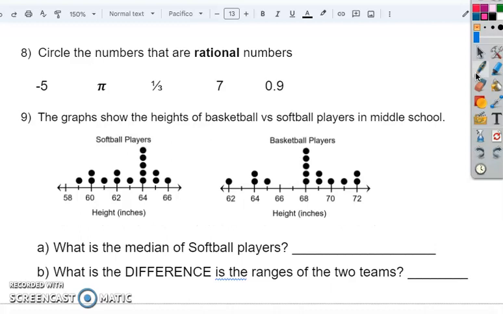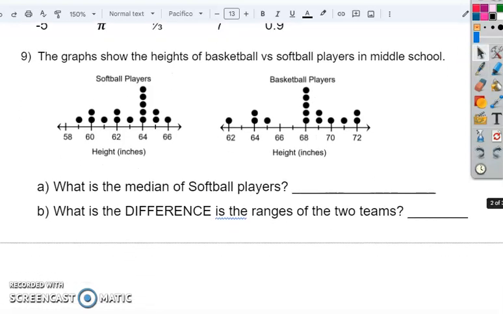Next year, you will learn about other numbers that are irrational. Okay? But all the numbers we know in 7th grade are rational numbers. Everything we know. Okay? Every single thing. Except pi. There's some other ones you're going to learn later. Circle all the rational numbers.